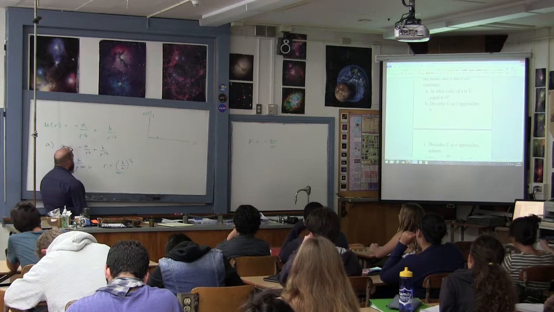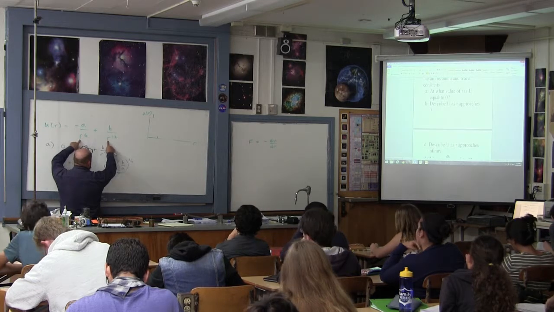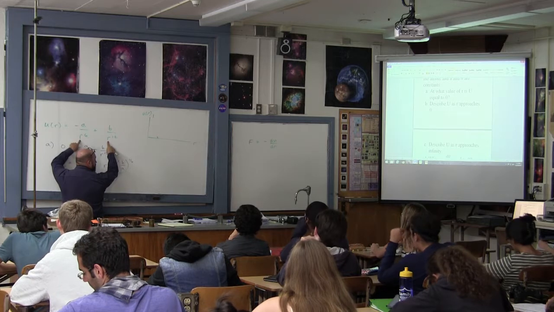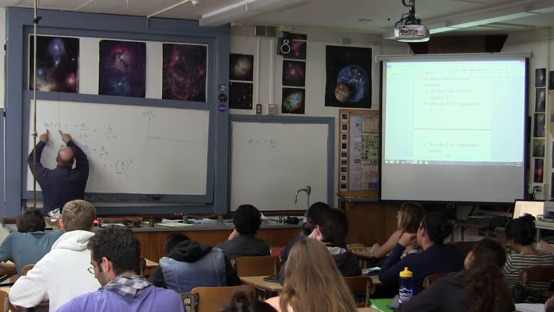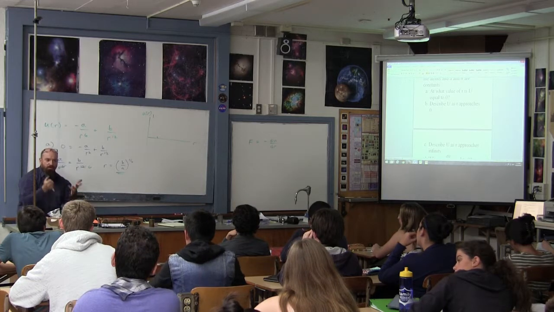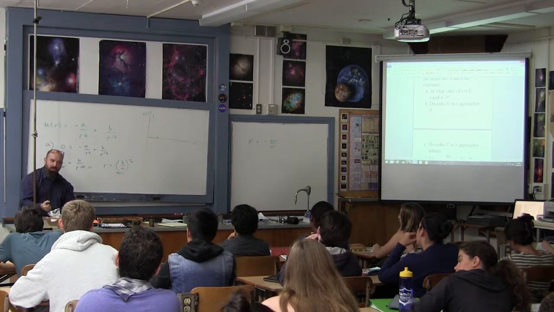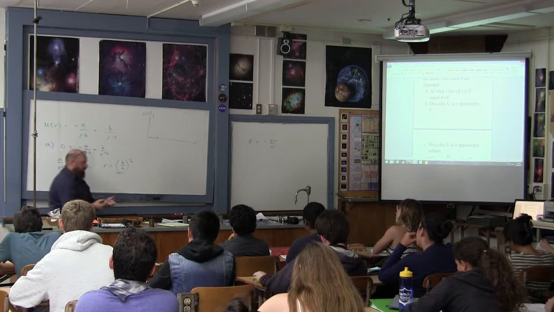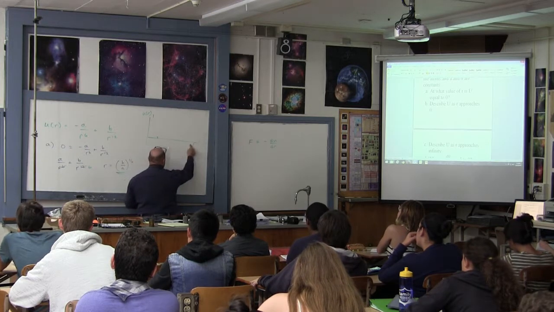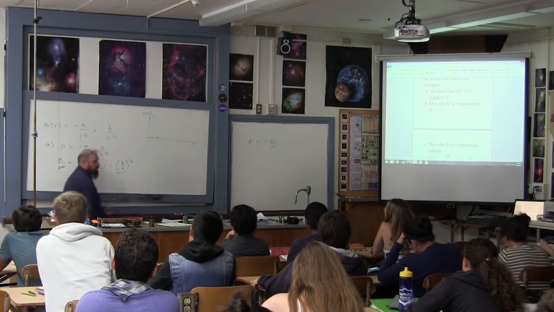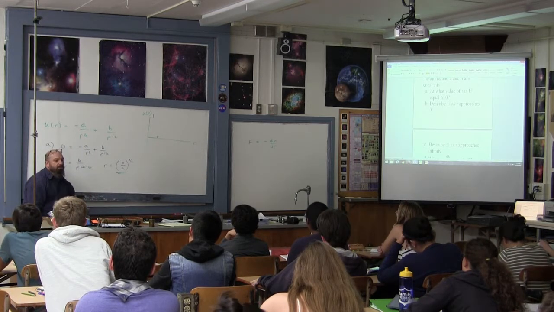Okay, now part C of the problem works much the same way. Now what we want to do is make R equal to infinity. If I make R equal to infinity, what then happens to the potential energy U? It becomes 0. Does it approach 0 from the negative side or the positive side? It approaches it from the negative side.